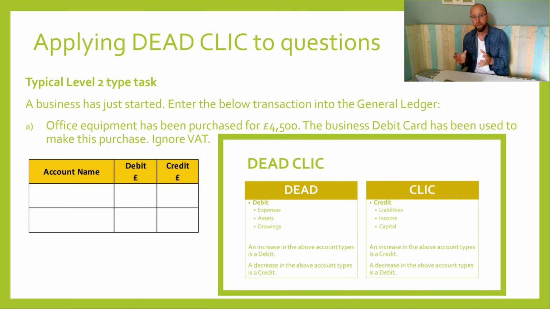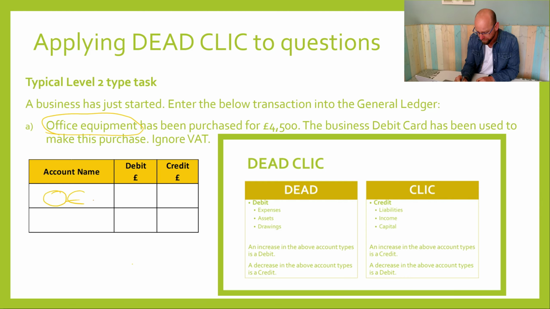So in this one, for example, what have we just purchased? We've just purchased some office equipment. And as we saw from the previous example, office equipment is one of those account names. So our first account name would be office equipment.